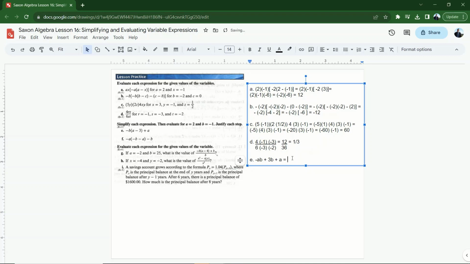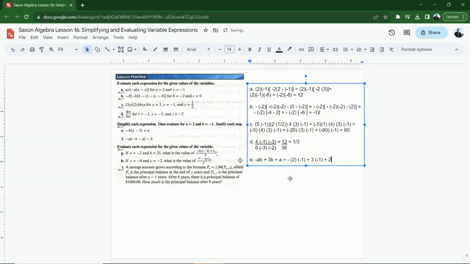So now I'm going to plug in. It's going to be -2 times -1, because b is -1, plus 3 times b, 3 times -1, and then plus a, which is 2.